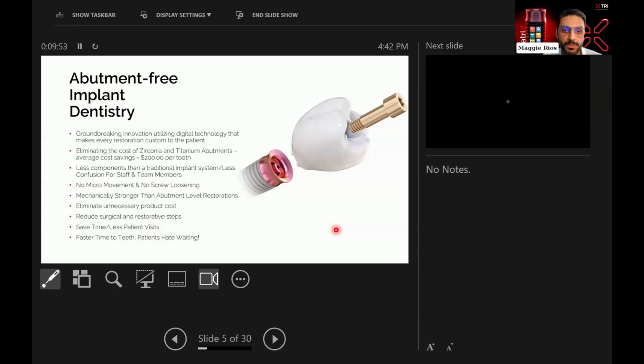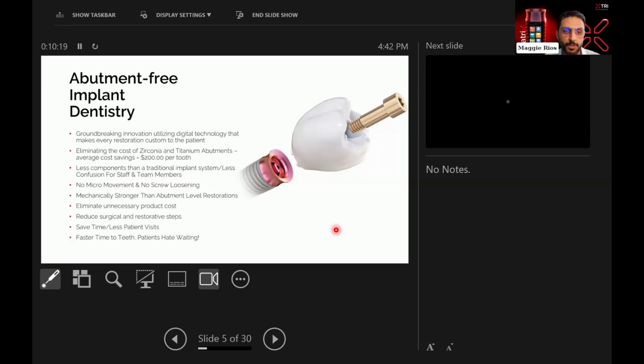Reducing the components that traditional implants take, and the amount of inventory and energy that our team needs to put into it. Not having the screw loosening, not having the micro movement that causes screw loosening. Eliminating all of that comes with removing the abutment from the equation.